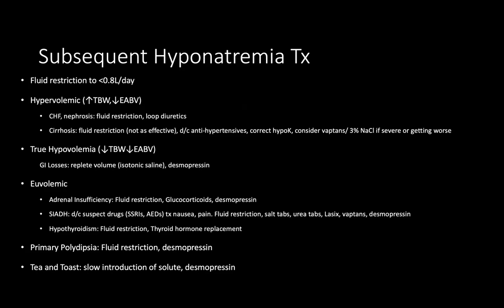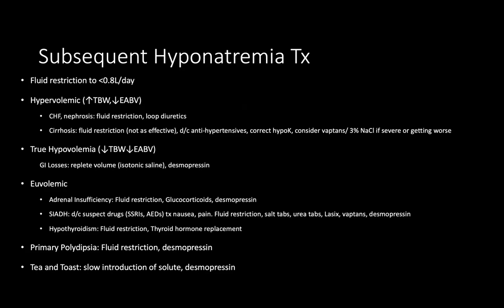In your true hypovolemic patients, these are your patients with GI losses, right? So diarrhea, vomiting. You want to go ahead and again replete that volume, isotonic saline or lactated ringers. These patients will also tend to autocorrect once you essentially take care of the underlying problem. So if they're coming in with vomiting and you put them on ondansetron, Zofran, and they stop vomiting, these patients can correct pretty quickly.